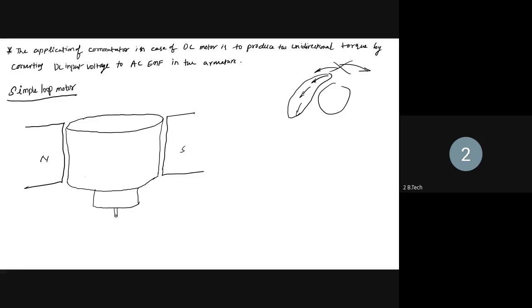The mechanical load will be connected to the shaft. And we have the commutator, which is nothing but the slip ring.